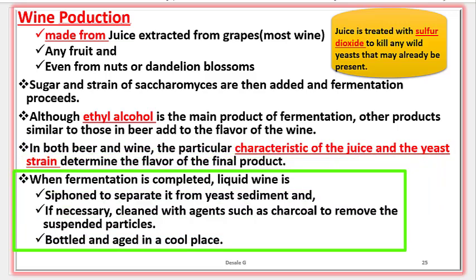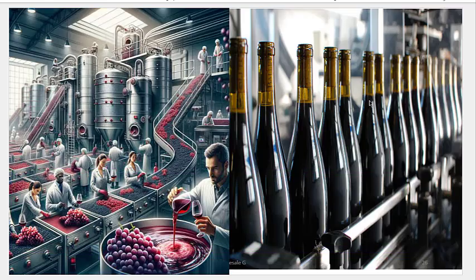When fermentation is completed in wine production, liquid wine is siphoned to separate it from the yeast sediments. If necessary, suspended materials can be cleaned by using agents like charcoal. And lastly, we need to bottle and age the wine in a cool place before distribution to customers or users. This is the image of a factory where wine gets produced.